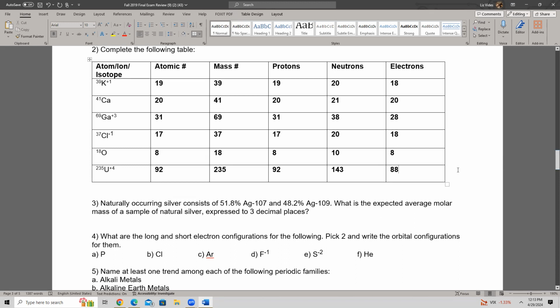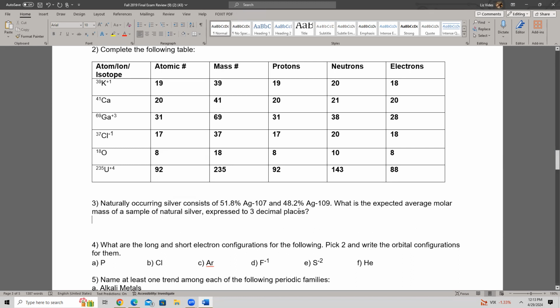No? Okay. All right, this one, remember, all you have to do is take the mass that they gave you for that silver, multiply it times the percent abundance they gave you, but divided by 100, so not in percent, so 51.8, right? And then add it to the same thing for 109. If you put it in your calculator like I just did, you will do it much faster.